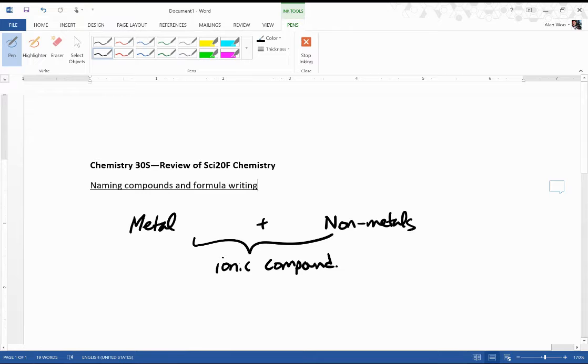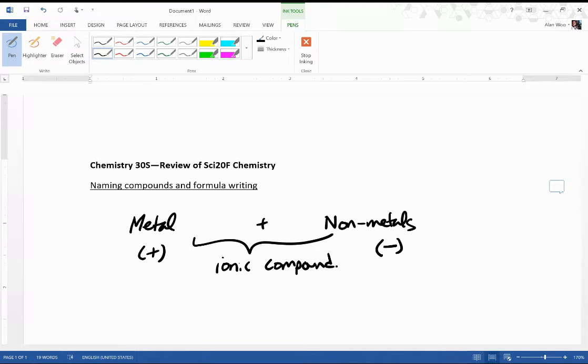Ionic compounds basically have positive charges and negative charges. The metal generally has a positive charge. Nonmetals tend to have negative charges. This just means that metals like to give away their electrons, which are negative. If they give them away, they become more positive, therefore they have a positive charge.